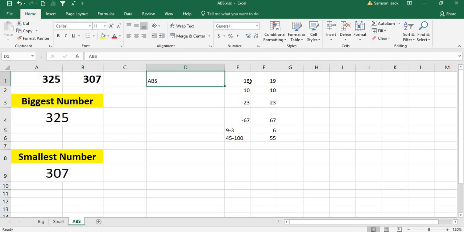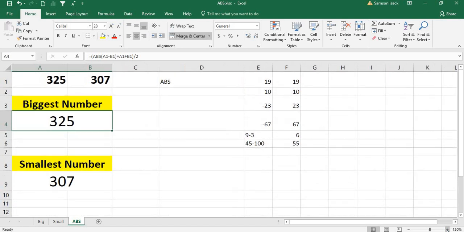For this kind of calculation, where you want to remove the negativity, you can use the absolute function ABS to remove the negative.